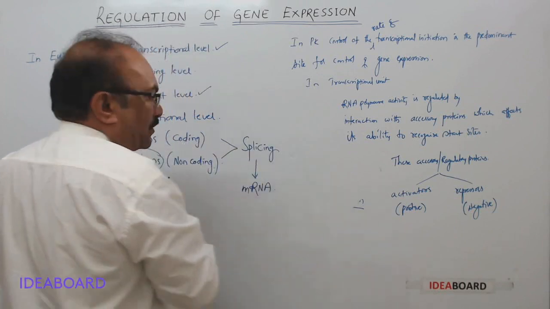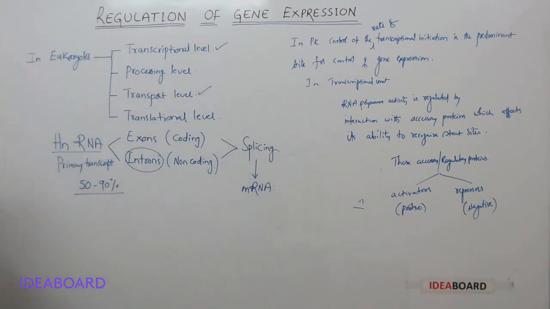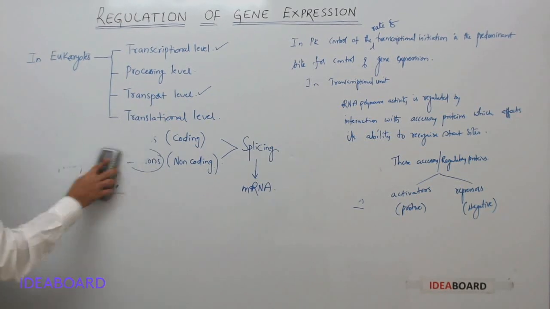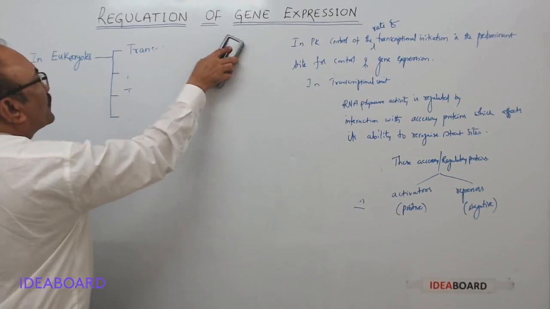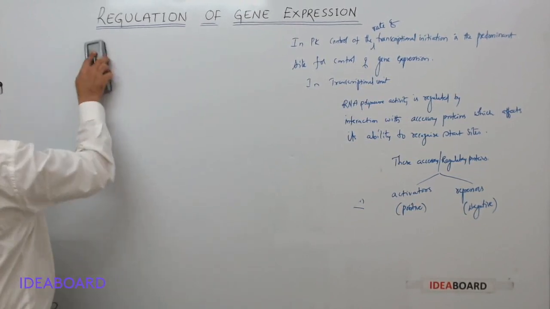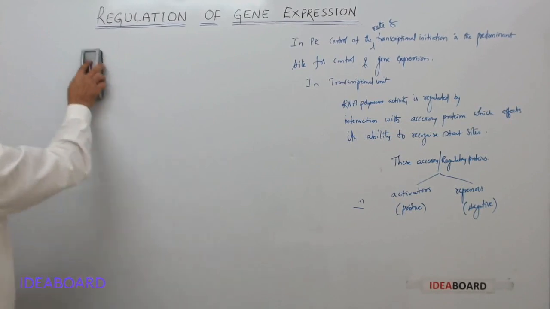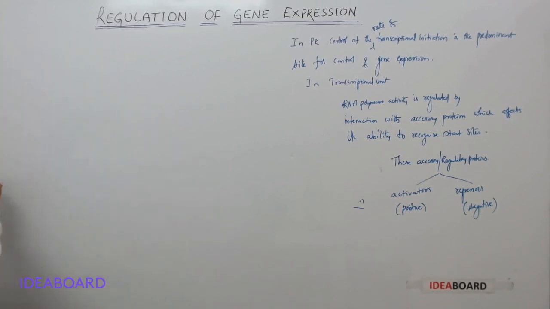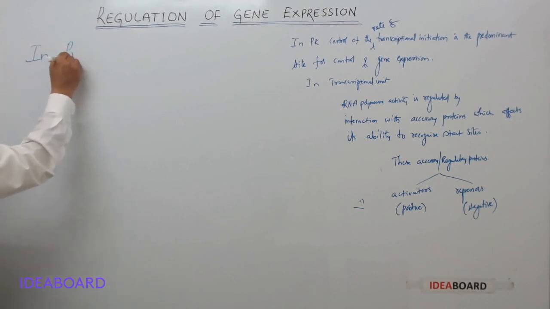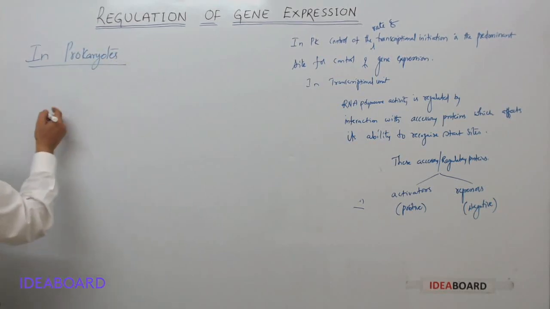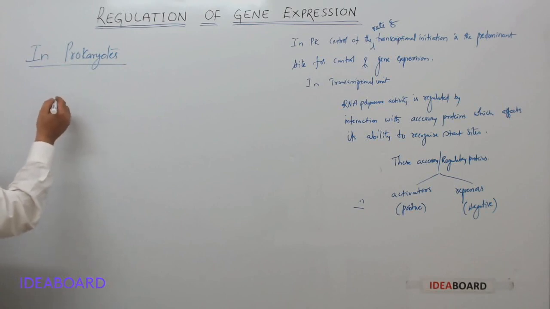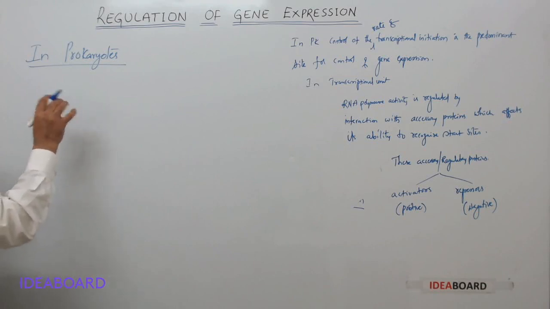Okay, so in prokaryotes, the rate of transcriptional initiation is the predominant site for control of gene expression.